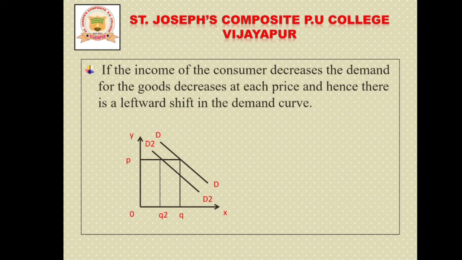If the income of the consumer decreases, then the demand for goods also decreases. When income diminishes, the demand for the goods automatically decreases at each price, and hence there is a leftward shift in the demand curve.